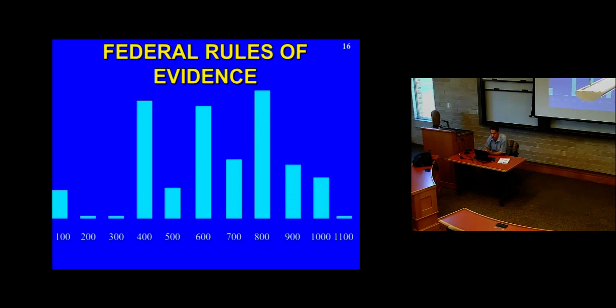Lately, the 200 and 300 are covered a little bit more by the bar, maybe some of the privileges, but basically the easiest areas for testing are in the 400, 600, and 800 areas. Okay, so those are the more important ones.